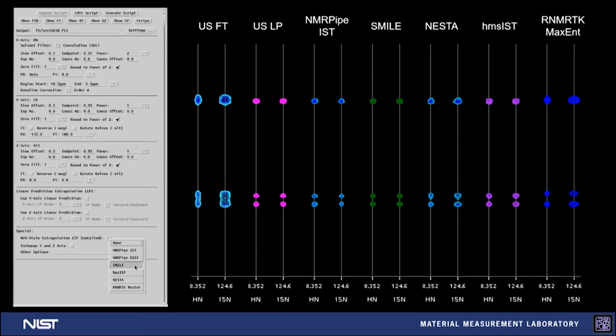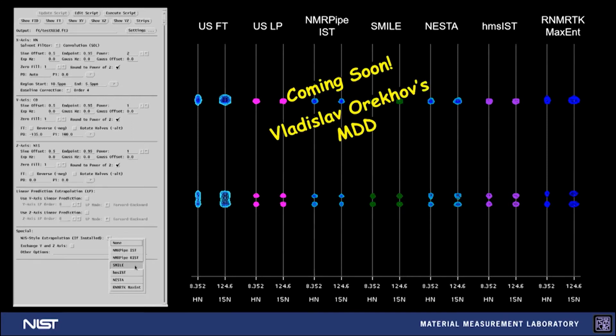So this software screen was generated directly by facilities in NMRPipe, that let us choose between the different reconstruction methods, which right now are NMRPipe's IST, SMILE, HMS IST, Nesta, and the Roland NMR Toolkit implementation of maximum entropy. And on the way, we have a similar implementation for Vlad Orekhov's MDD that we'll have out this year.